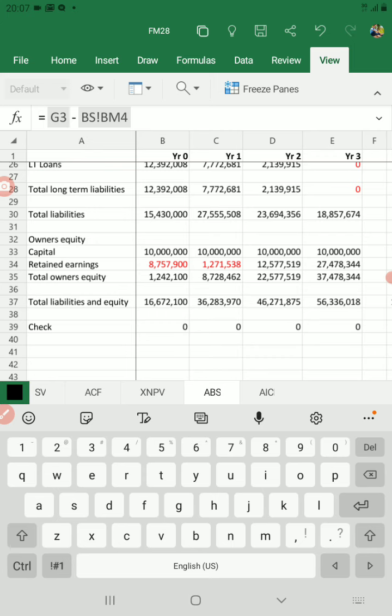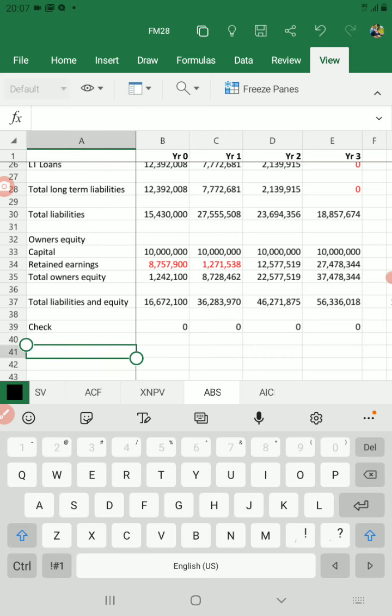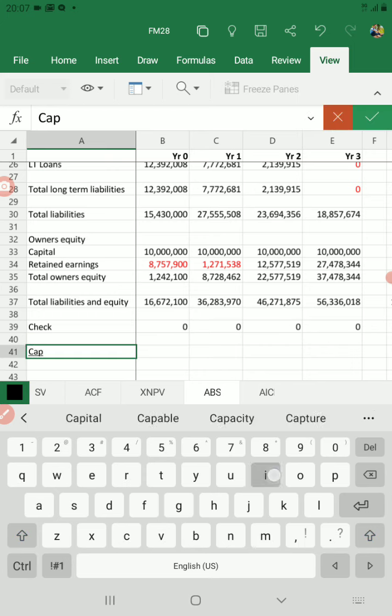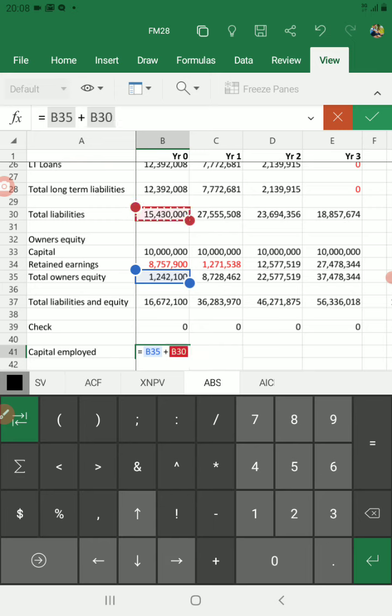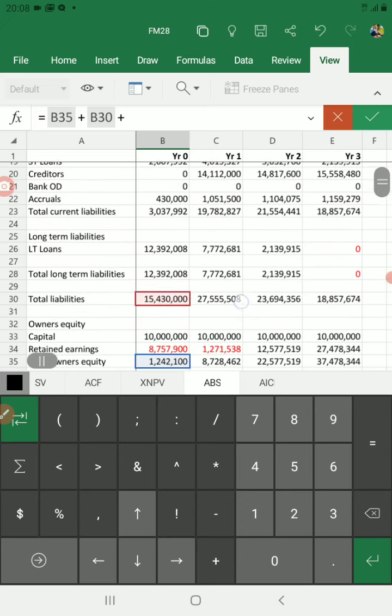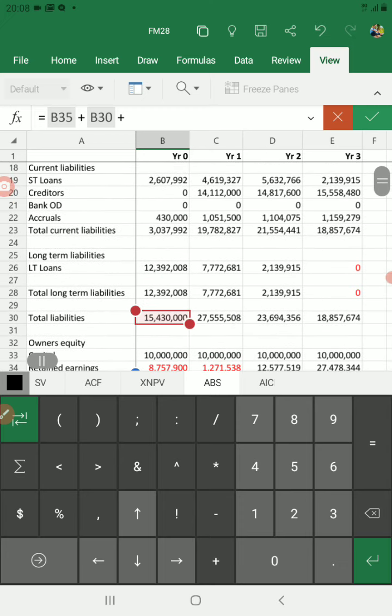So let us do the same as we did for monthly by typing capital employed, which is now taking owner's equity, this one, plus total long-term liability portion, plus current portion of long-term loan, which is this one, short-term loan.